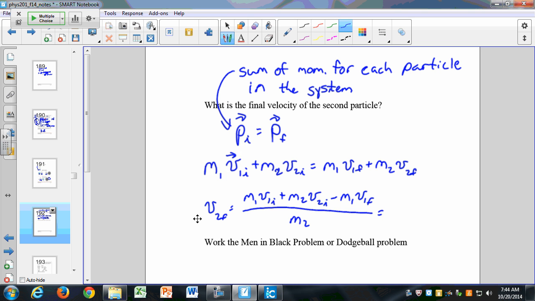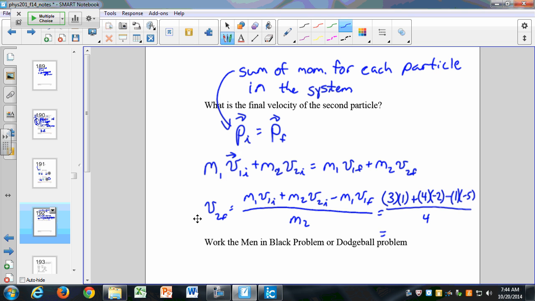I had M1 was 3. I'm going to leave the units off here. V1 initial is 1, plus 4 kilograms, V2 initial was -2, minus M1, which is 1 times -5, all divided by M2, which was 4.